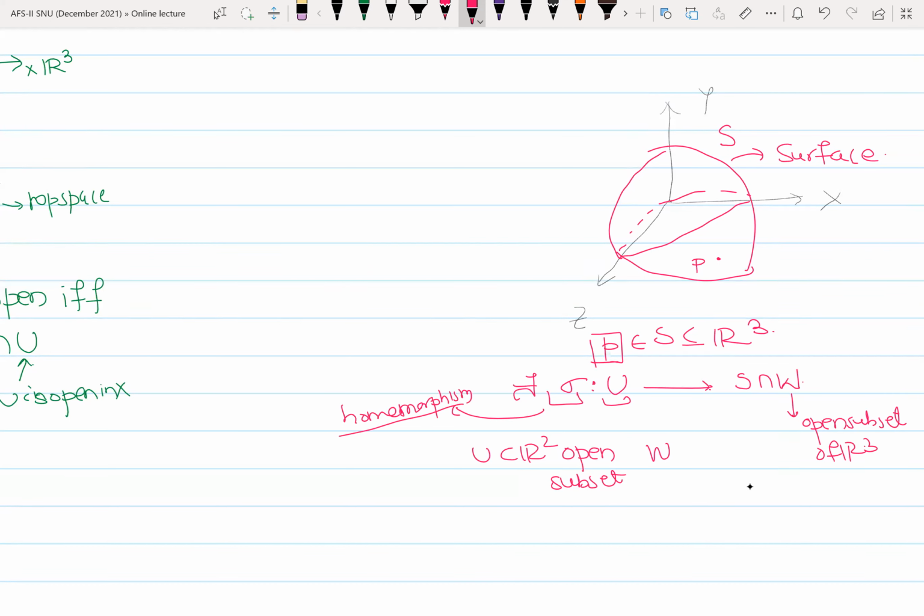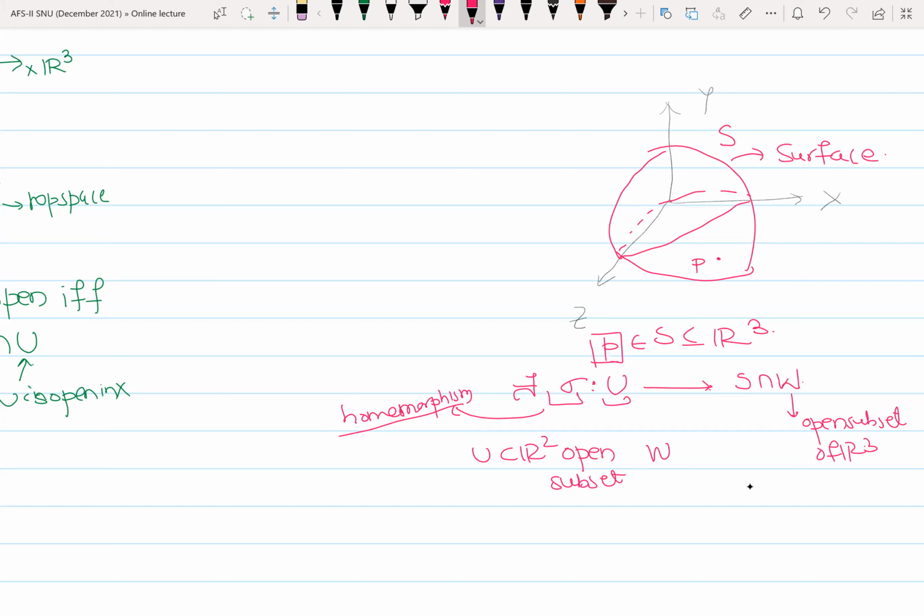Homeomorphism means a map which is continuous, bijective, and its inverse is continuous. Right, very good. So you have a continuous map whose inverse is also continuous, and the map needs to be bijective because the inverse should exist. So for every point P, I should have these three things. That is the definition of surface.